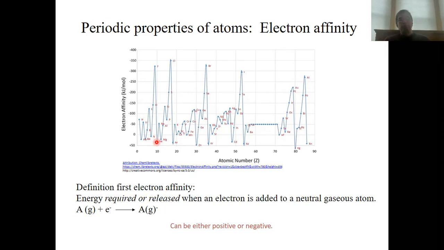Okay, you see that also other elements have positive electron affinities. So, for instance, nitrogen has a slightly positive electron affinity, and we can again explain this by the fact that nitrogen has a half-filled subshell, which is fairly stable, and that adding an electron to that half-filled subshell is an energetically unfavorable process.